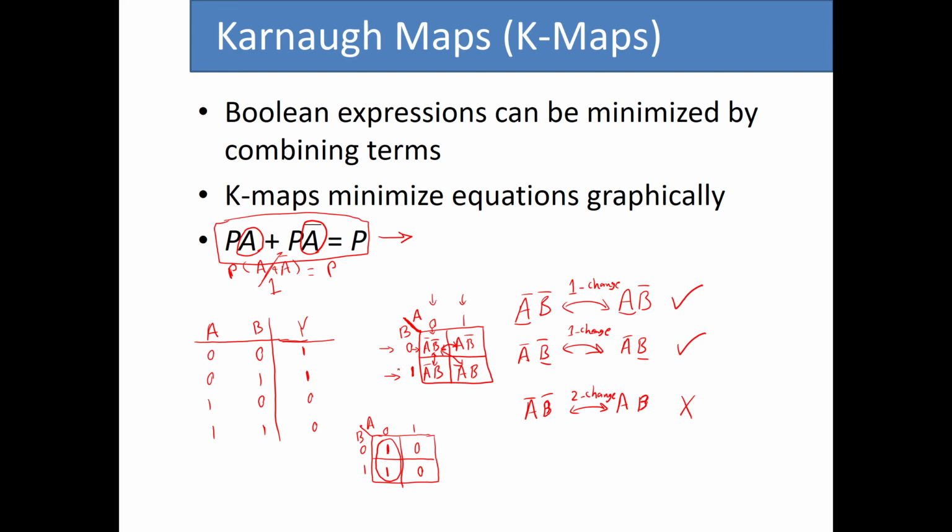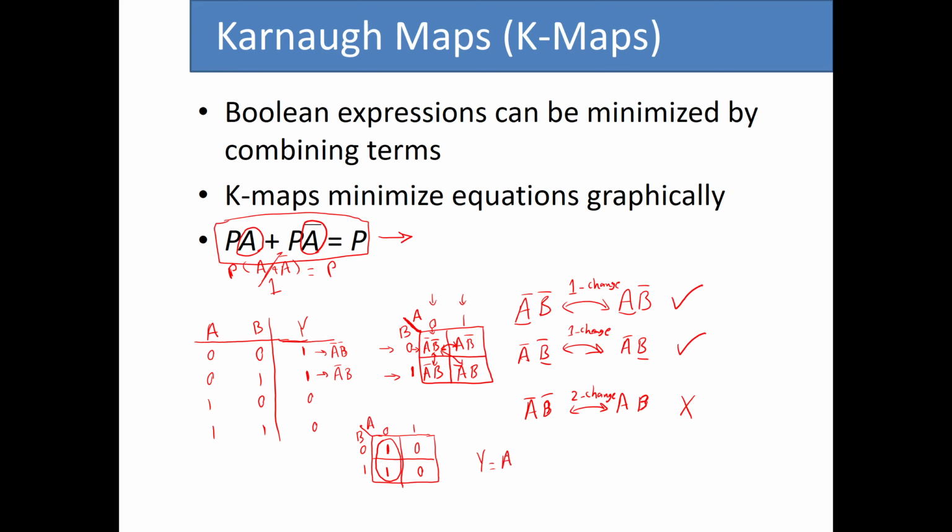So if I want to write this function in terms of sum of product, we had to come up with the min term associated with each row, and then OR all those min terms. So the min term associated with this one was a bar, b bar. For this one, we have a bar, b.